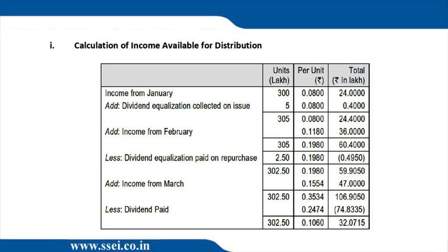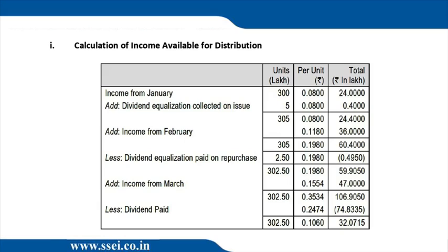So we are left with 302.5 lakh units at 0.198. And then we add the income from March. And after adding that, we deduct the dividend paid. So dividend paid is obviously 70% of the income, that is 70% of 106.905. I hope you are looking at the solution. That is 70% of 0.3534. So that gives us the income available for distribution, 106.905 lakhs, what they've asked.